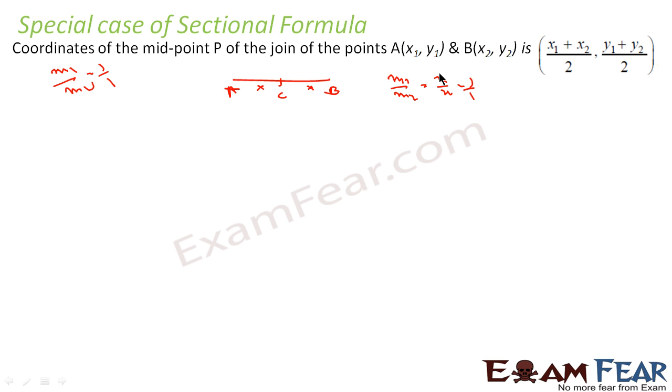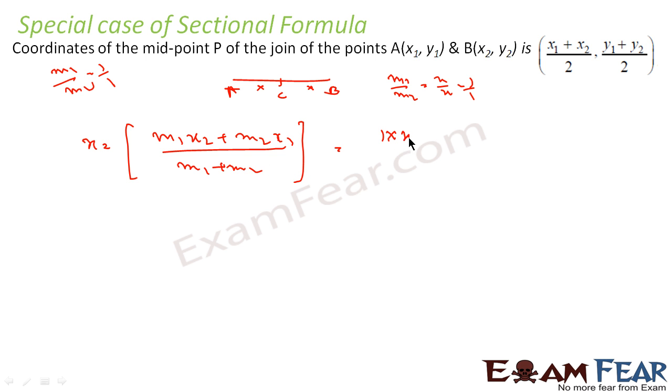So in that case, if you use the formula, x came out to be m1x2 plus m2x1 by m1 plus m2. So put both m1 and m2 equal to 1. So it becomes 1 into x2 plus 1 into x1 by 1 plus 1. That is x1 plus x2 by 2.